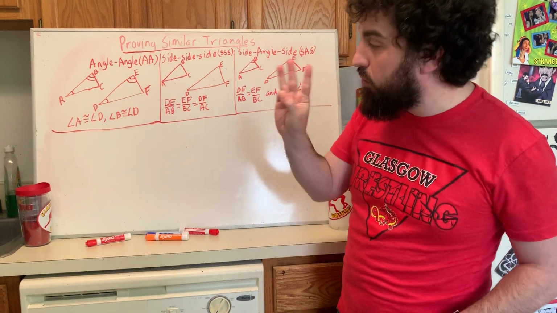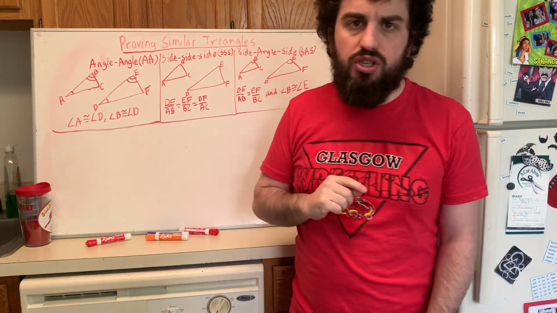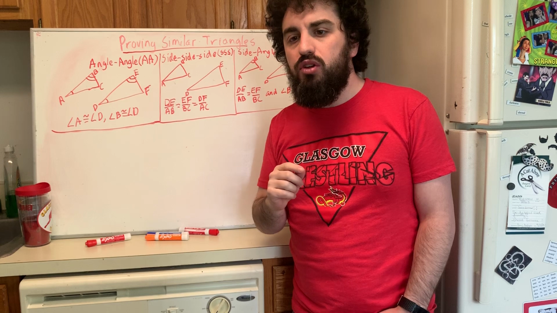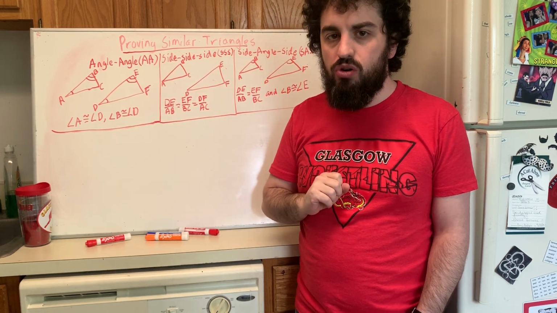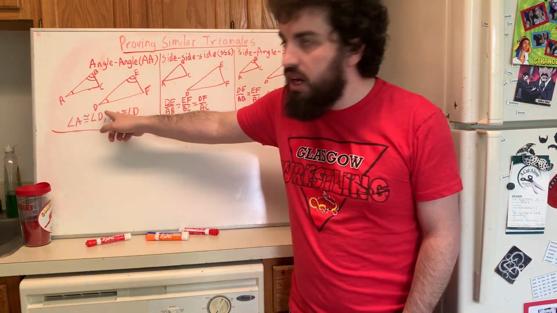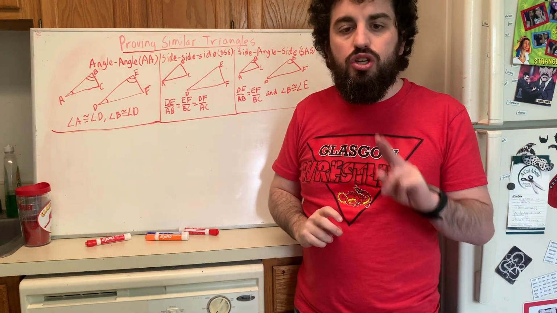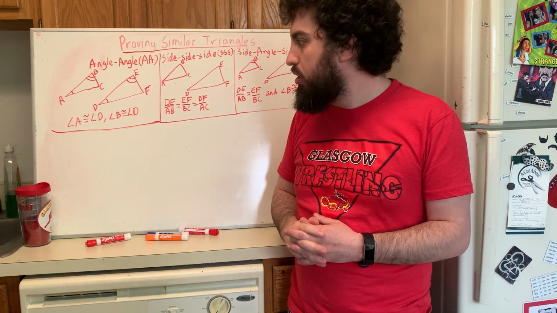So there are three types of similarities we want to start off with. Angle similarity. This one says if you know two angles inside of a triangle are the same. So here A and D are the same, B and E are the same. Since two of them are the same, the triangles are at least similar.